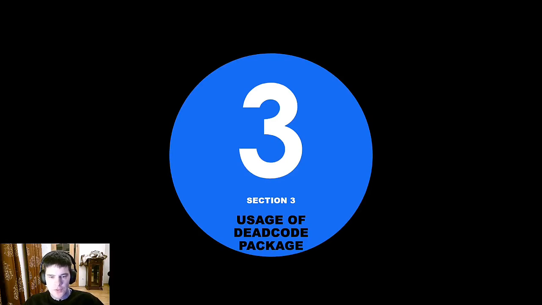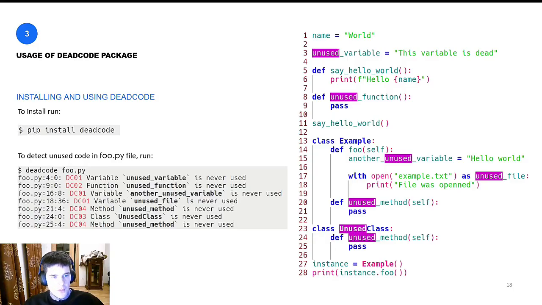Let's move to usage of the Deadcode package. Deadcode can be installed using pip, simply by running pip install deadcode, and you can run the deadcode CLI command by providing Python source files that have to be checked.